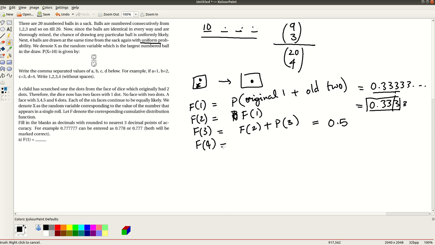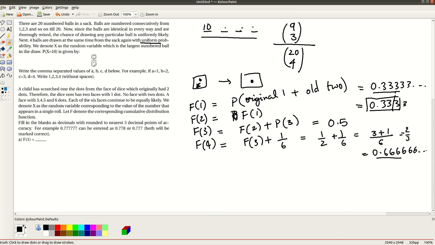And the other one will be f of 3 plus 1/6, which is the probability of 4. So half plus 1/6, if you do this, you will get 4/6, which is 2/3, like 0.666666. You just truncate it to 3 digits. So this is question number 2.